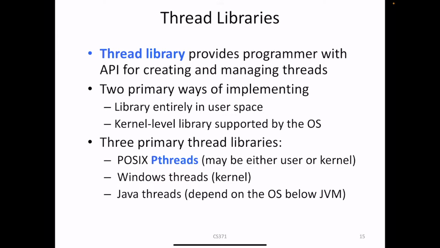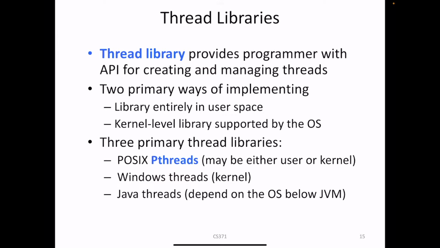And then there are three primary thread libraries. The first one is POSIX Pthreads. This one can be implemented either at user level or kernel level. The second one is Windows Threads, which is implemented at kernel level. And the last one is Java Threads.